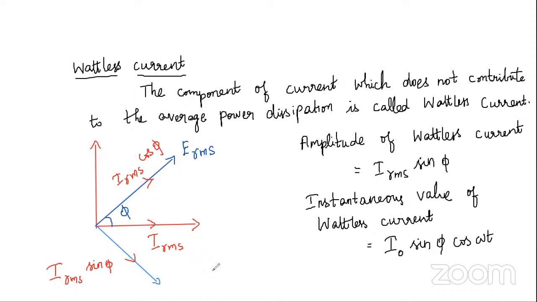The RMS value of wattless current is I naught by root 2 sin phi.